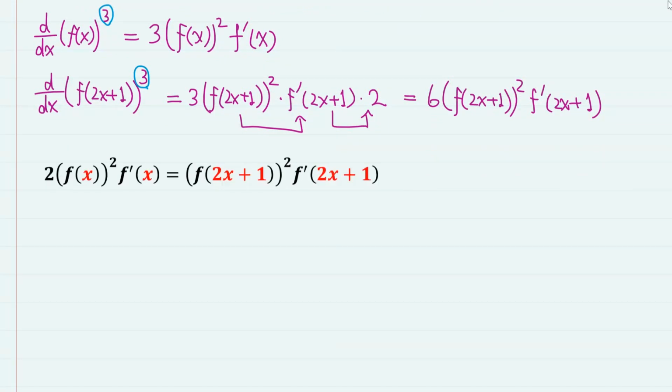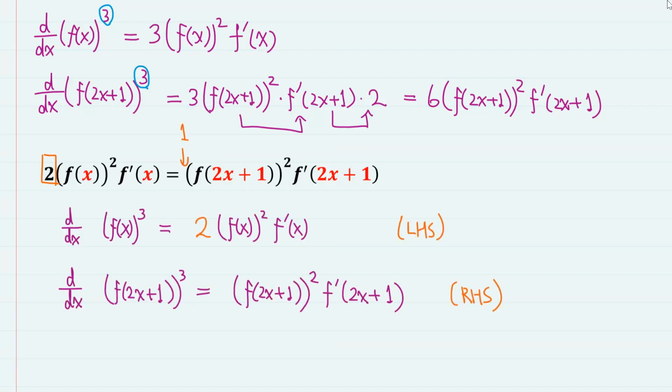But in the given condition, we have coefficient 2 on the left-hand side and 1 on the right-hand side. Therefore, the left-hand side must be the derivative of 2/3 of f(x) cubed, and the right-hand side must be the derivative of 1/6 of f(2x+1) cubed.